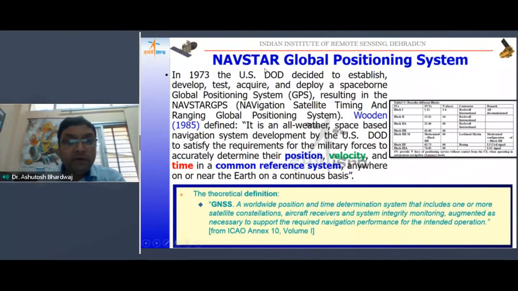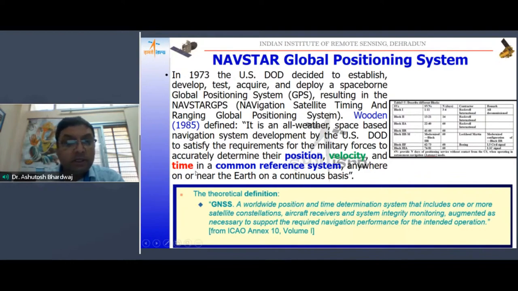Coming to the definition of GPS, which is given by the US DoD, Department of Defense, it provides us the position, velocity, and time. Let us understand it in pieces. So it provides us position, that is the latitude, longitude, and height, and then the velocity with which the receiver is moving, and the time.